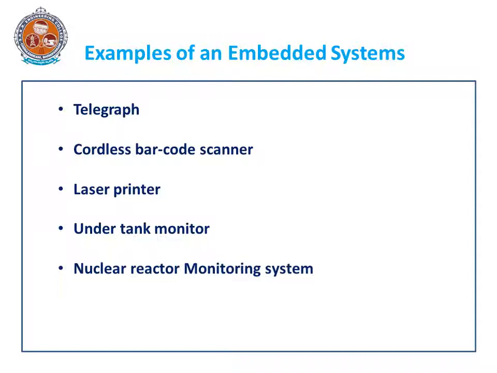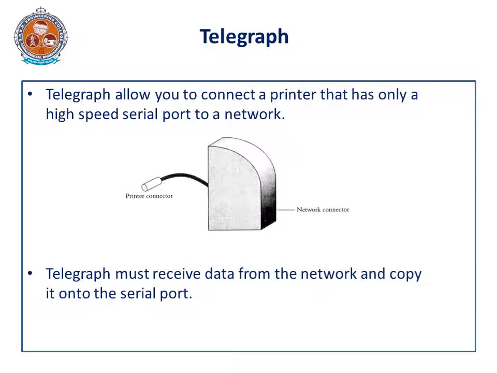It is just like a plastic box of the size 2 to 3 inches on a side and about half an inch thick. A pigtail cable on one side of the box plugs into the serial port on the printer, and on the other side, the box plugs into the network.